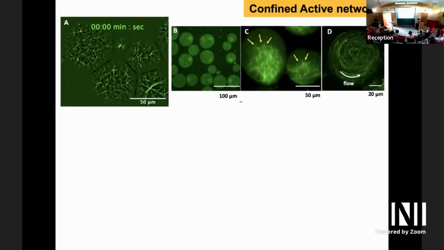Until now I showed you only hard confinement, a PDMS chamber with glass, but of course they can be confined inside a vesicle, and we have seen studies where they can collapse on the internal shell of the vesicle.